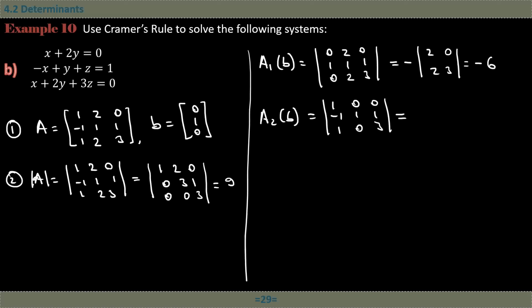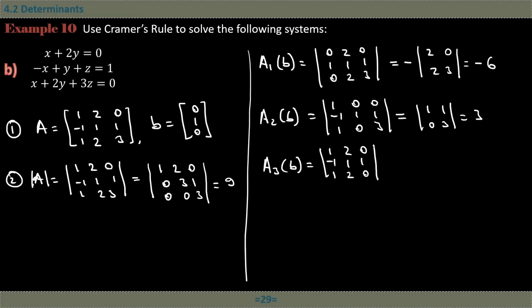So here we have 1 times the determinant 1, 1, 0, 3, which is equal to 3. And how about A3B? Now the third column is replaced by vector B: 1, -1, 1, then 2, 1, 2, and the third column is 0, 1, 0.